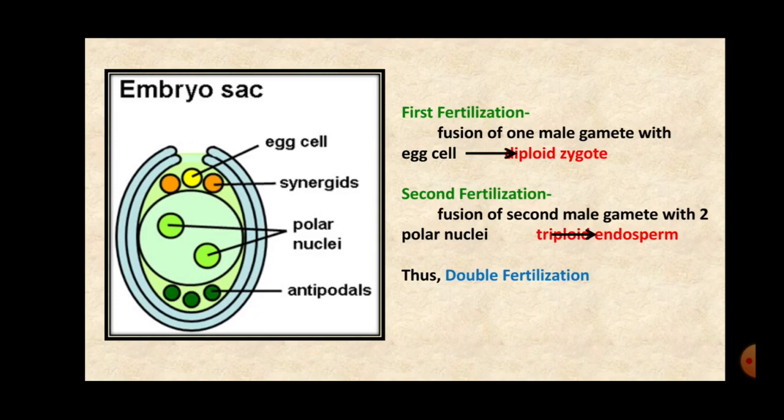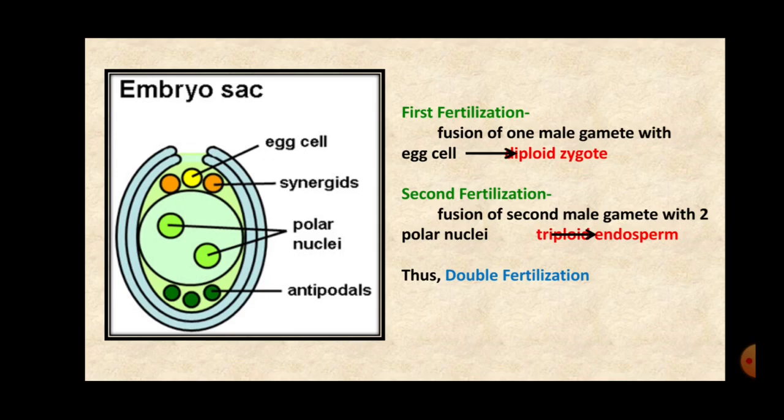In the first one I said diploid because male is haploid and female is haploid, so when they fuse, they form a diploid zygote. Whereas here one male gamete is there and 2 polar nuclei are there. These 2 are also haploid. So 2 haploid nuclei and 1 haploid male gamete. When these 3 fuse together, they form a triploid endosperm, right?